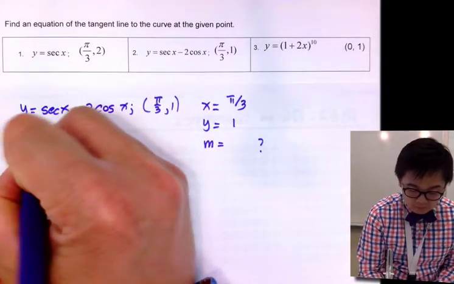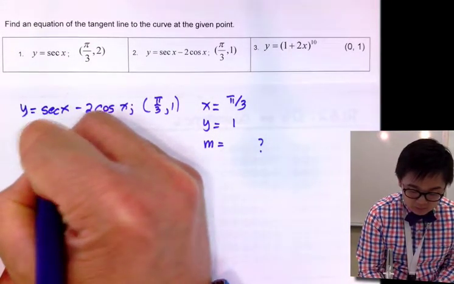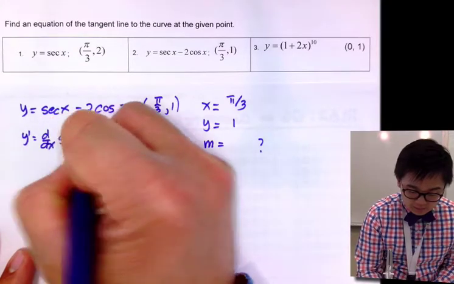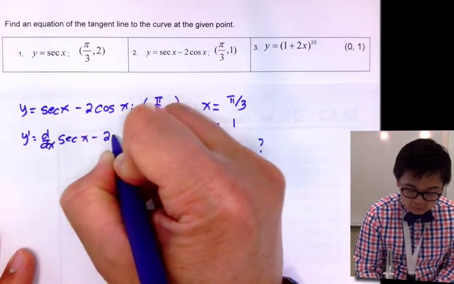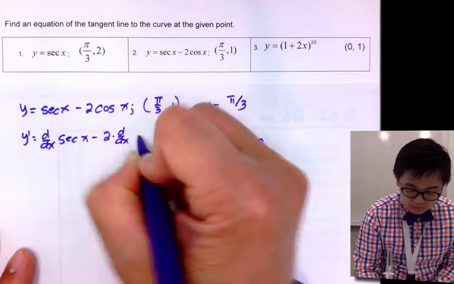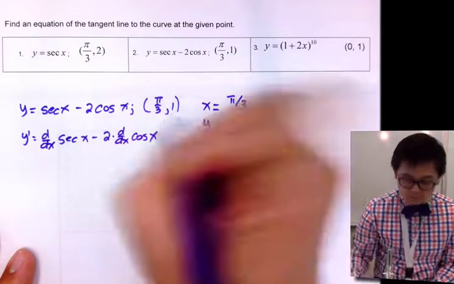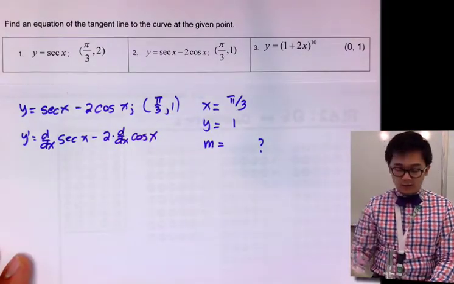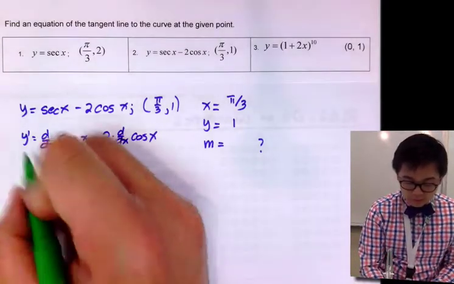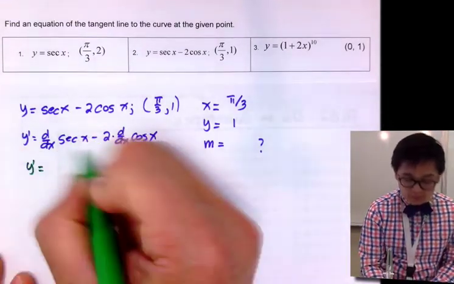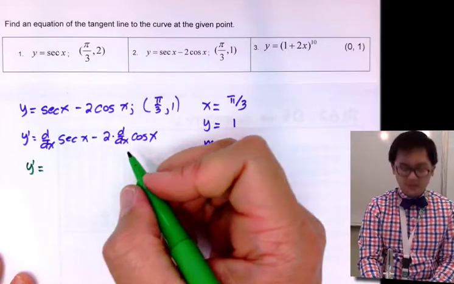So y prime is equal to the derivative of secant x minus 2 times the derivative of cosine x. By the derivative rule, we know that the derivative of secant x is secant x tangent x.